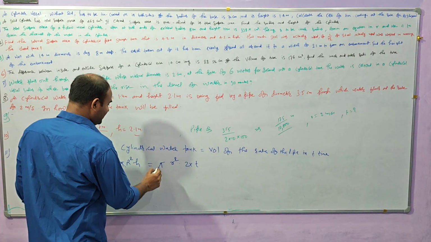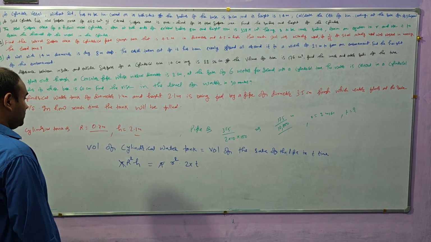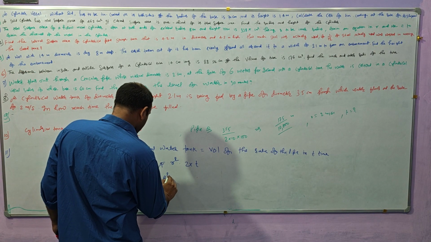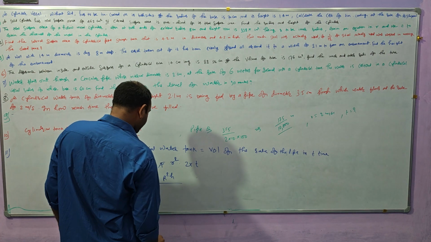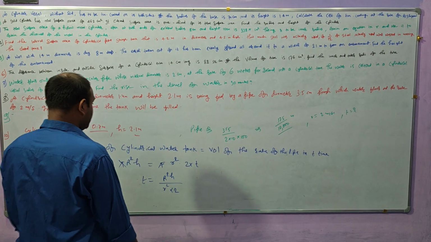So pi cancel. So we easily get r square into h upon r square into 2.